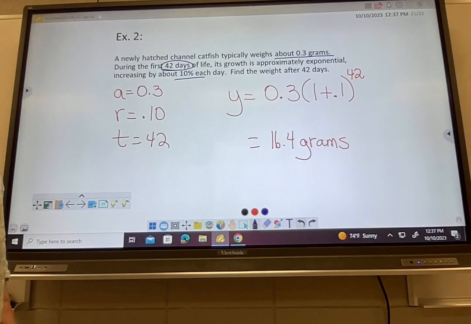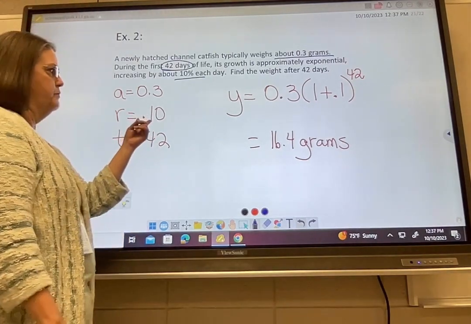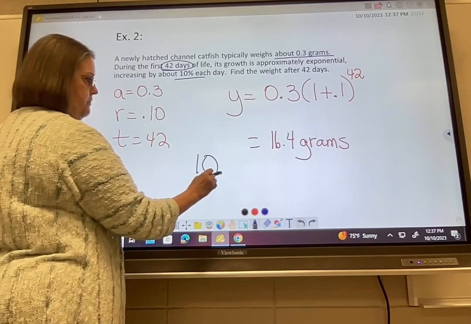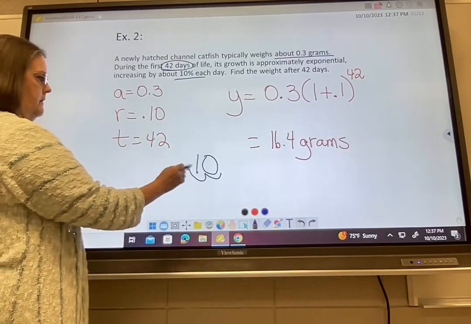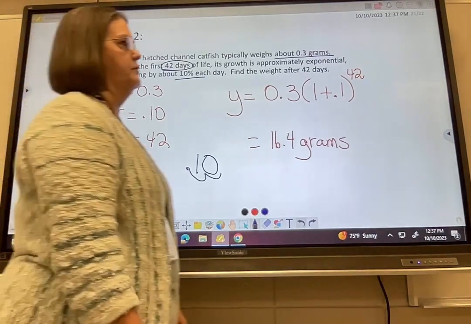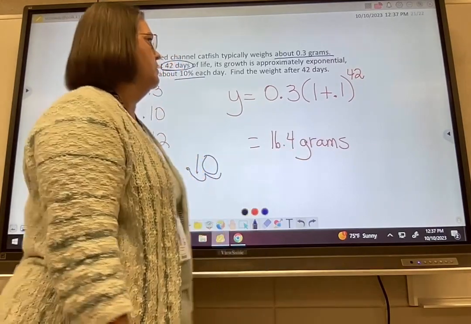So our initial amount, 0.3 times, and you have to change that 10% to a decimal. So the decimal is understood to be on the end, and then you go 2 places left, that's 0.1. So 1 plus 0.1, and then 42 days, your exponent is 42. You put that into your calculator, and you get 16.4 grams.